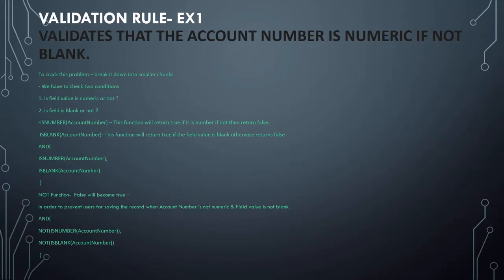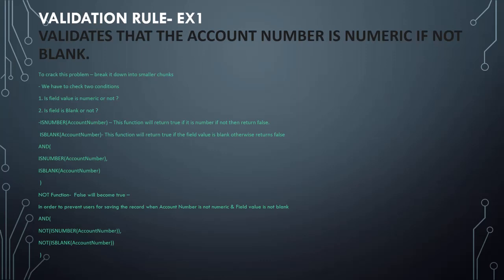So true means the user has entered invalid data. But if you look at the expression ISNUMBER(account number), when the user is not entering a number, but entering alphabets or special characters, then it will return false.